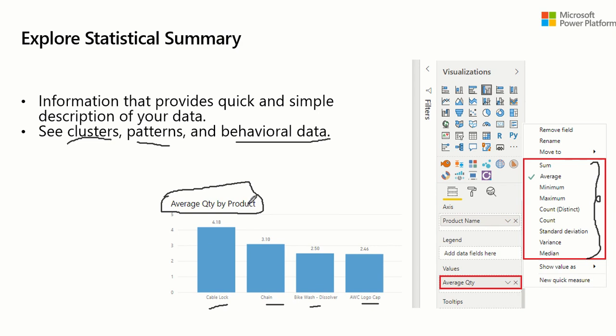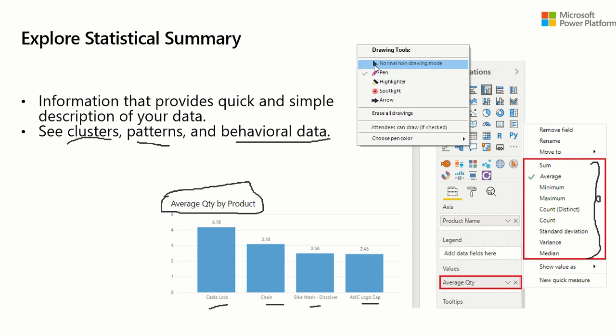It can be average quantity of probably what was sold, or average of what you probably have in the warehouse or in the store. So when you use statistic functions, it helps to give you a kind of pattern, behavior data, and cluster.